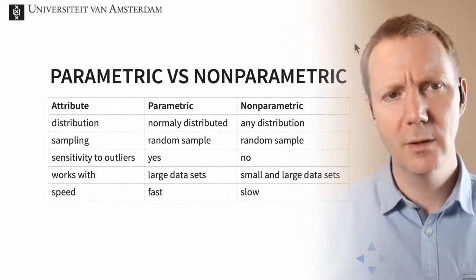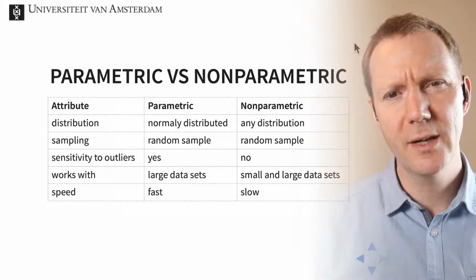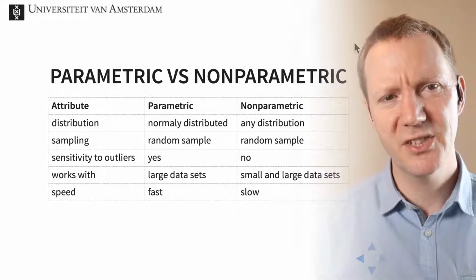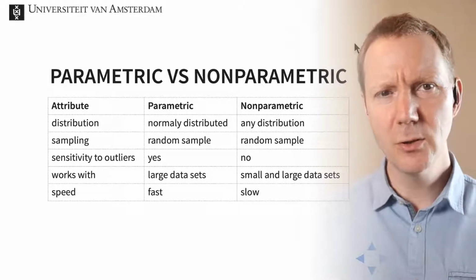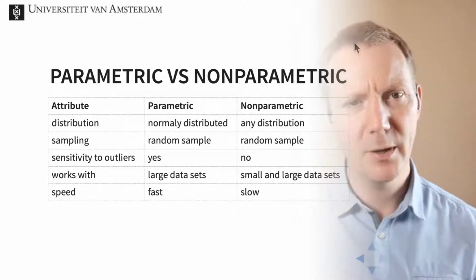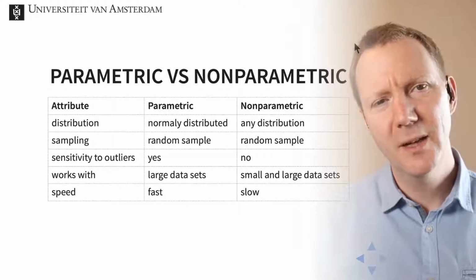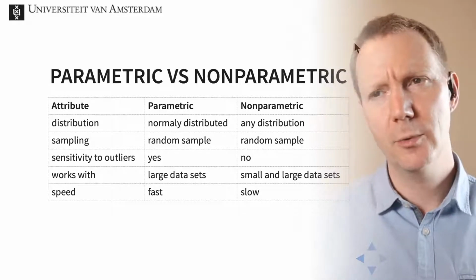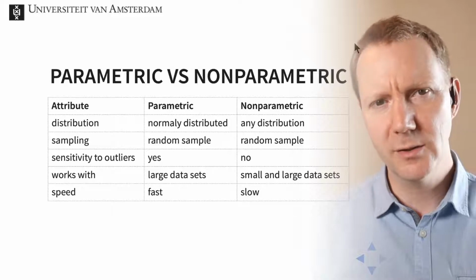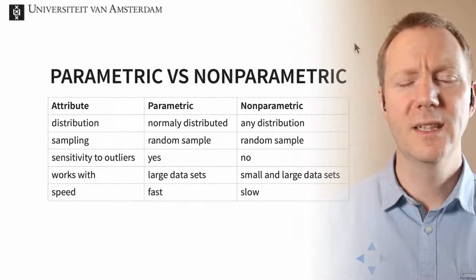But in general, if you have at least 30 participants in your cells, then it's mostly okay within parametric testing. But when it is a bit smaller, then it could become problematic, whereas with the non-parametric alternatives, it's not really a problem.